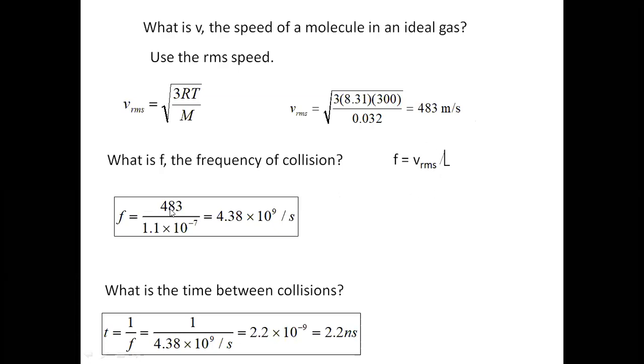So the frequency is 483 over 1.1 times 10^-7, which equals 4.38 times 10^9 per second. What is the time between collisions? By definition it equals 1 over the frequency, which gives about 2.2 nanoseconds. So this is the end of this lecture, and thank you for your attention.